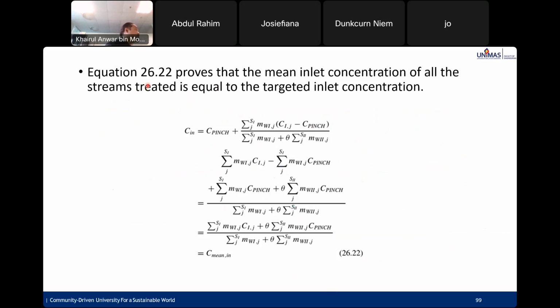Equation 26.22 proves that the mean inlet concentration of all the streams is equal to the targeted inlet concentration. So the mean inlet concentration of all the streams is equal to the targeted inlet concentration. Now you know C in is equal to C mean in.